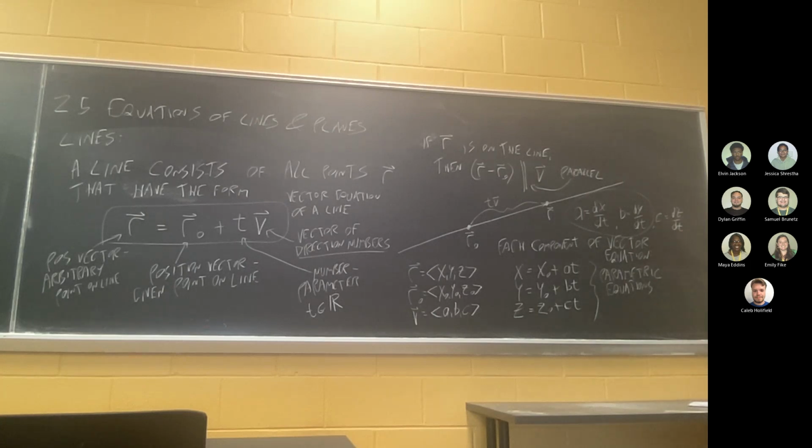You think about what slope means. The derivative of y with respect to x. Yes, okay. Now, how do you get dy/dx from what we have here? dy/dt over dx/dt.